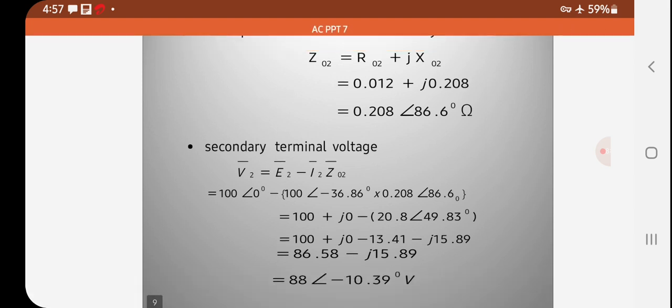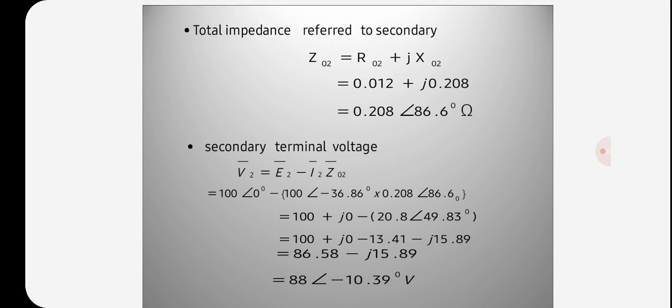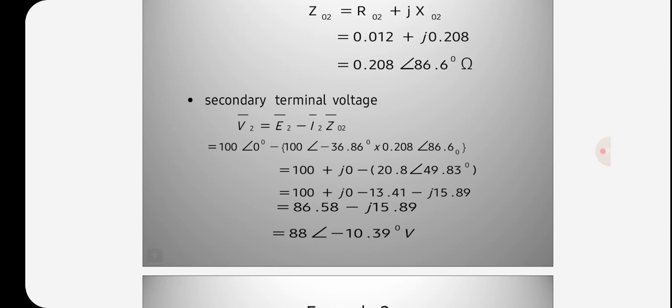So secondary terminal voltage V2 is equal to the vector sum, V2 is equal to E2 minus I2 Z02. So that is equal to 100 angle of 0 minus 100 angle of minus 36.86 degrees into 0.208 angle of 86.6 degrees.